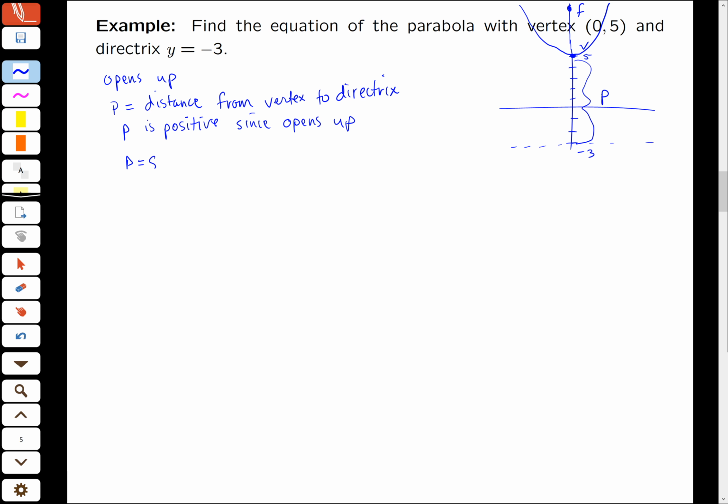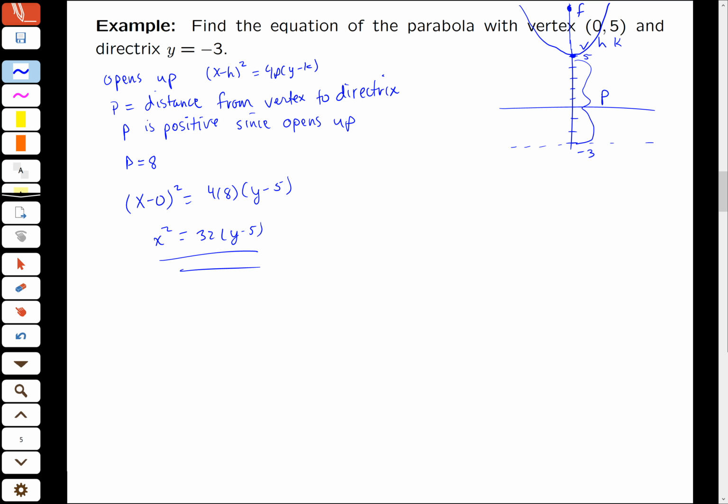8. And I know the vertex, h is 0, k is 5. It opens up, so I know this is (x minus h) squared equals 4p times (y minus k). So plug it in, I have (x minus 0) squared equals 4 times 8 times (y minus 5), or x squared equals 32 times (y minus 5).